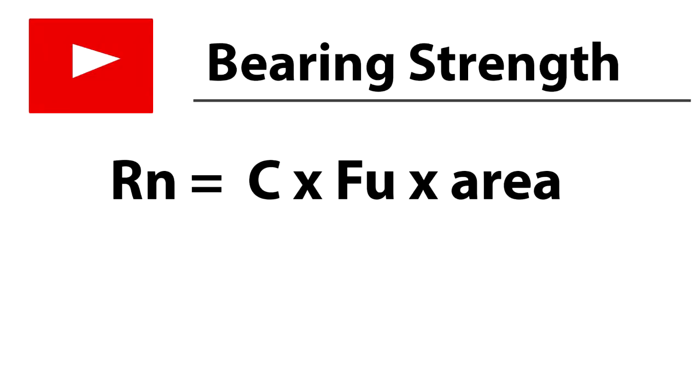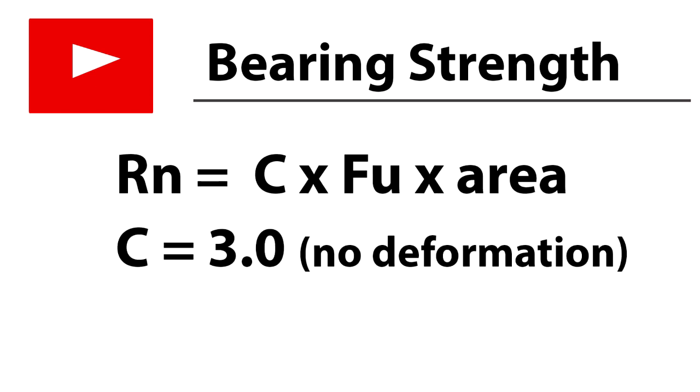A possible failure mode resulting from excessive bearing close to the edge of the connected element is shear tear out, as shown in the picture. This type of shear tear out can also occur between two holes in the direction of the bearing load. To prevent excessive deformation of the hole, an upper limit is placed on the bearing load. This upper limit is proportional to the fracture stress times the projected bearing area, or you can write Rn = C times Fu times the bearing area.